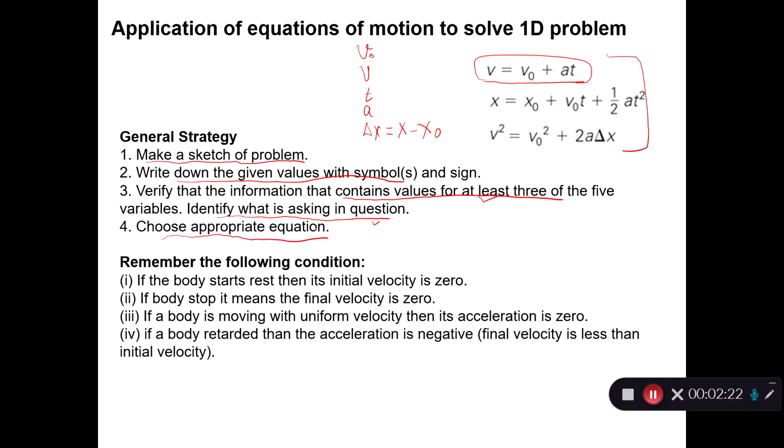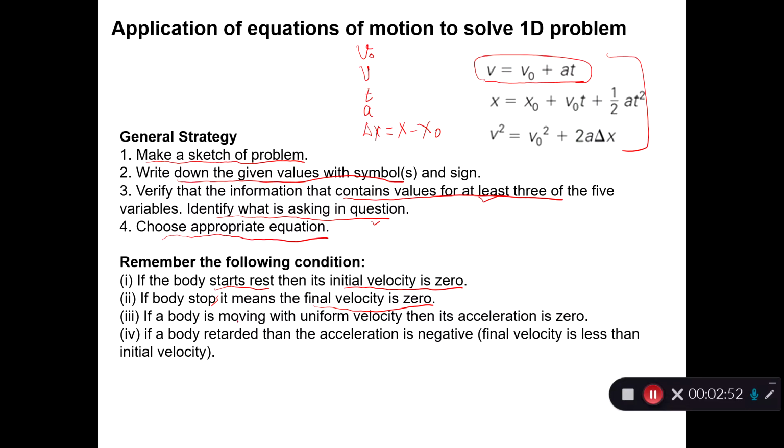Now before starting problems, there is something you have to remember, because some information is hidden in the language of problems. So I'm summarizing in 4 points. If a body starts from rest, its initial velocity is 0. Same thing, if a body stops, its final velocity is 0.